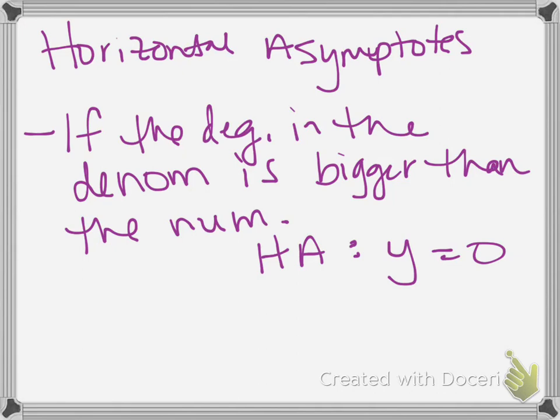So for instance, if I have x over x squared, I'm looking at the degrees. In the numerator, the degree is 1, in the denominator, the degree is 2. The denominator is bigger, so therefore the horizontal asymptote would be y equals 0.